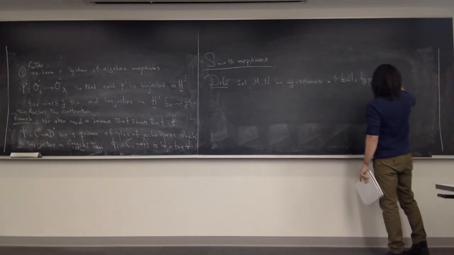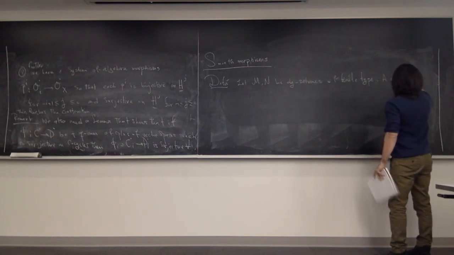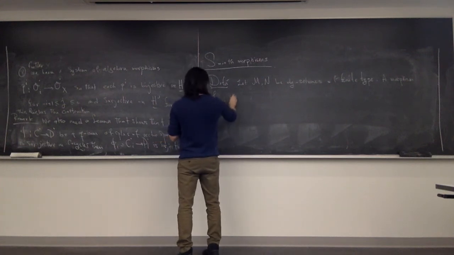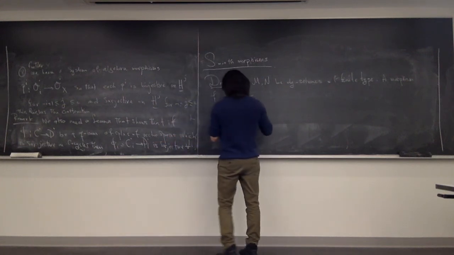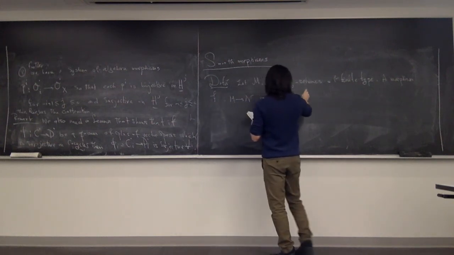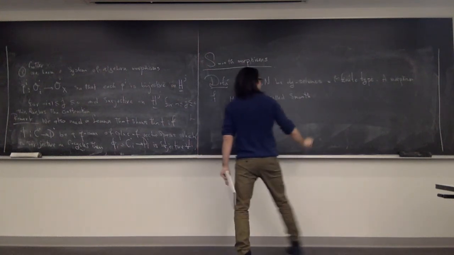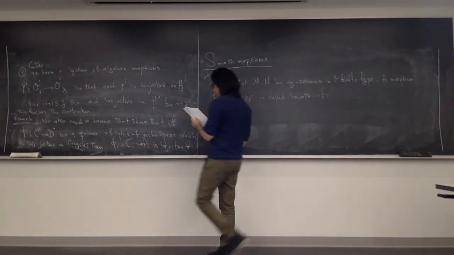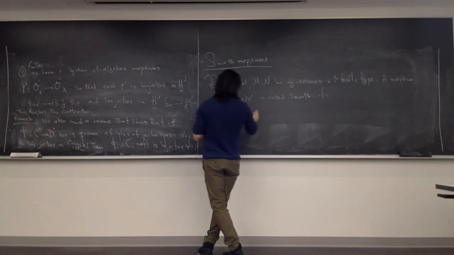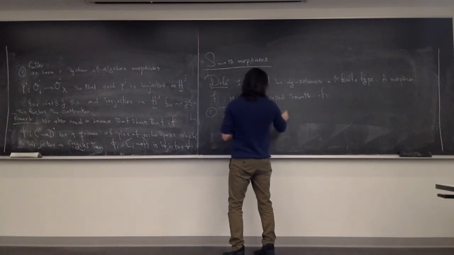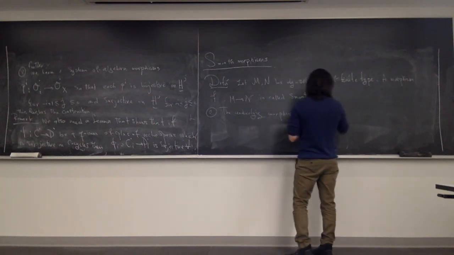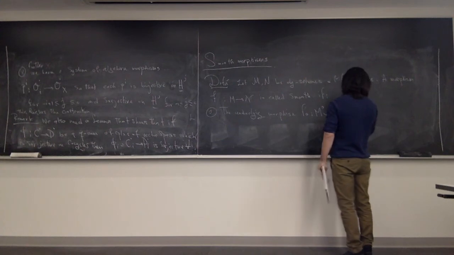A morphism F from M to N is called smooth if A, the underlying morphism F0 from M0 to N0 is smooth.